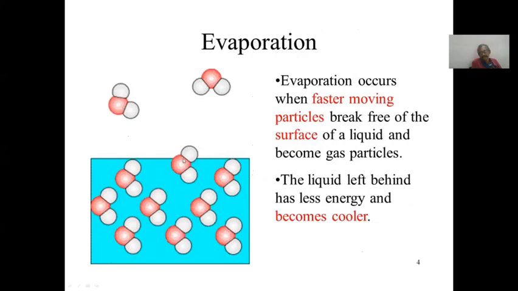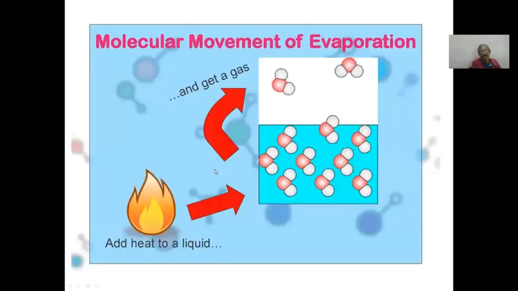So when water particles get energy to get away from the liquid mass, that process is called evaporation. So how to give energy to water particles to get away from the liquid mass? One way is to add heat to the liquid. You add energy, then its vibration is sufficient to detach from the liquid mass and get away. This is the process of evaporation.